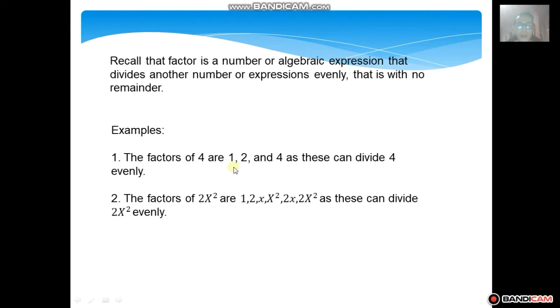Okay guys, if we make use of these factors as a divisor of 4, we will obtain the result with no remainder. Alright? Number 2, the factors of 2x squared are 1, 2, x squared, 2x, 2x squared, as these can divide 2x squared evenly.